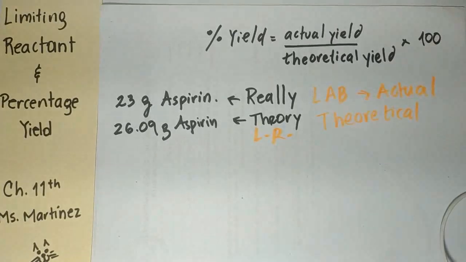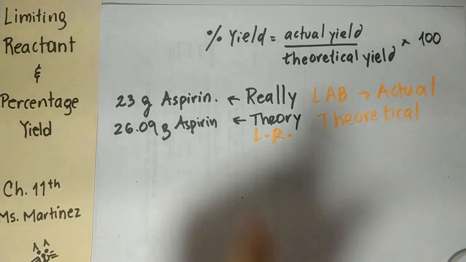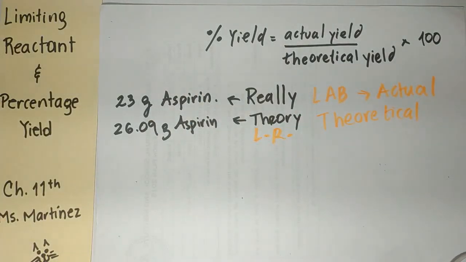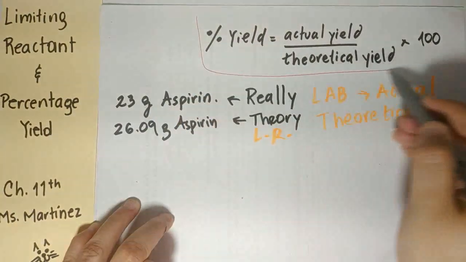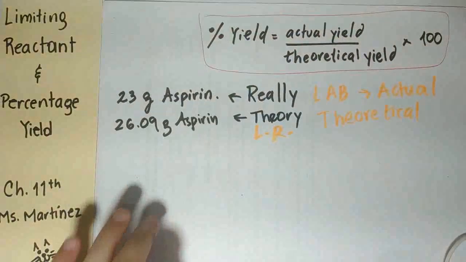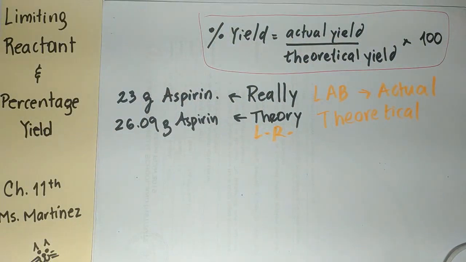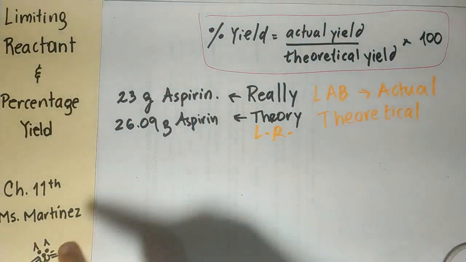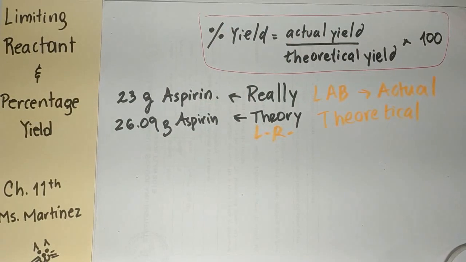Now, from knowing this, let's apply the formula and get the percentage yield of the reaction that we just did.